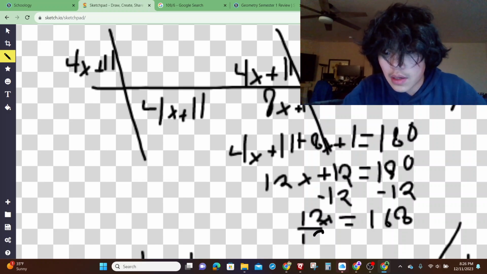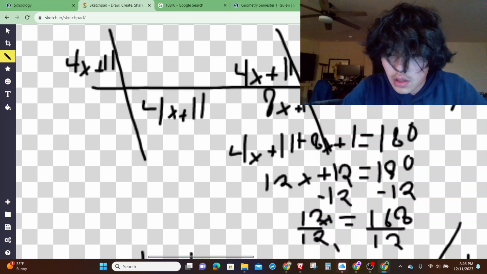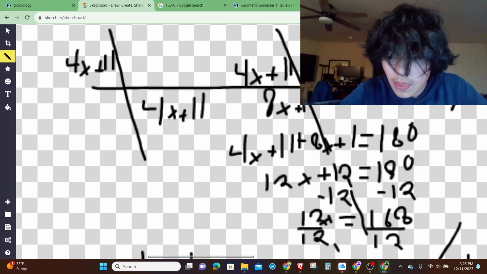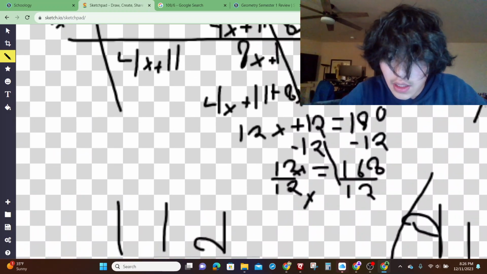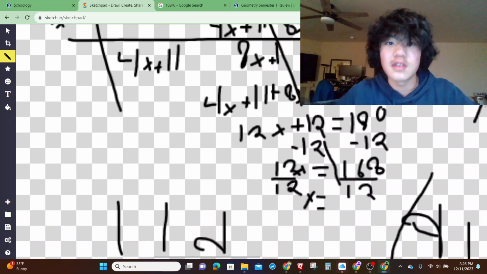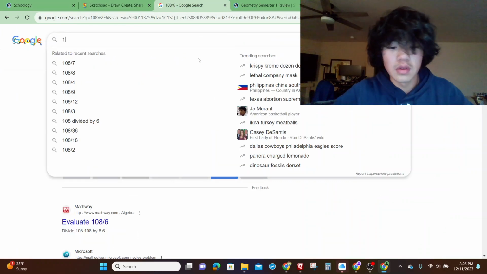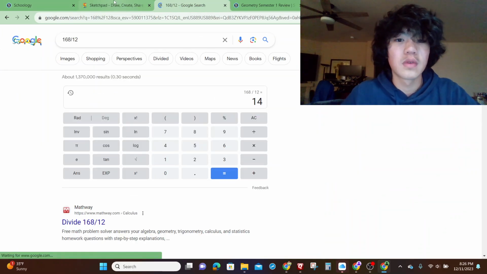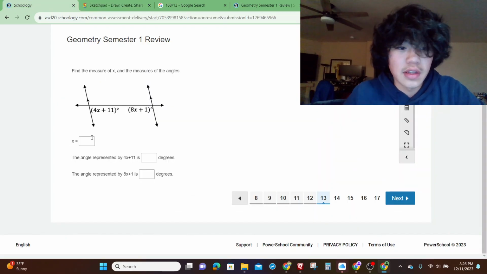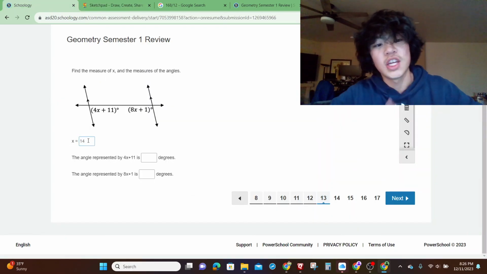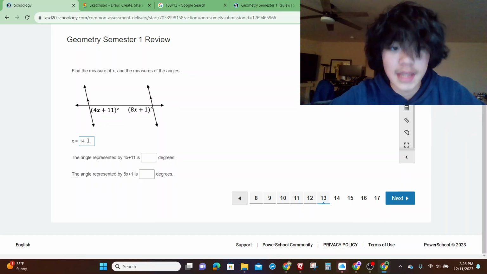We're going to divide by 12 here. And we get x equals 168 divided by 12. So we get x equals 14. Now we have our value of x. Now we just gotta plug them back in.